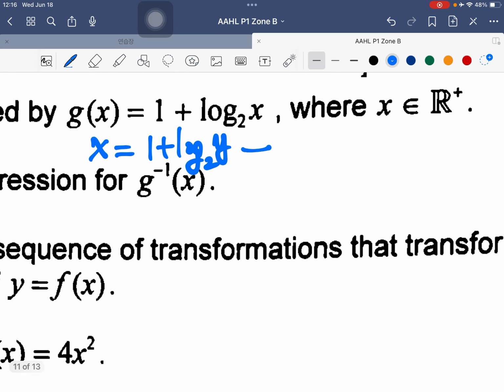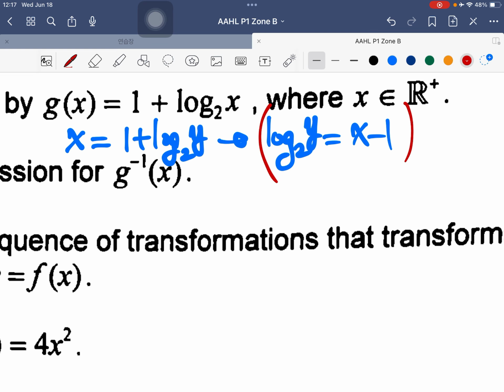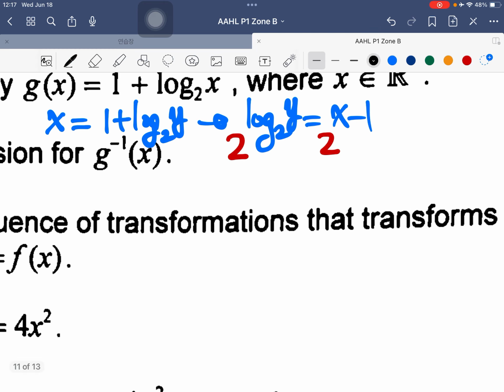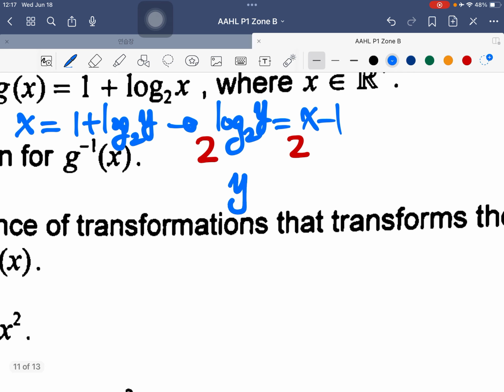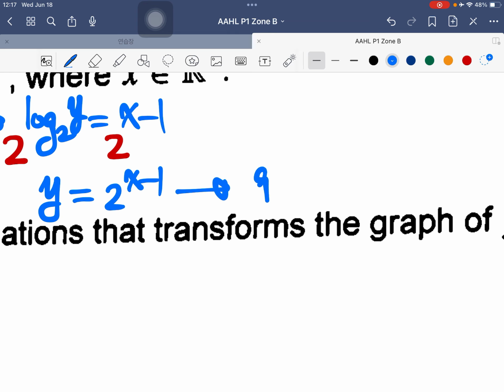And then log base 2 of y equals x minus 1. In this case, we put the 2 on the bottom like this. So the left hand side becomes y, and the right hand side becomes 2 to the x minus 1 power. So g inverse of x is expressed as 2 to the x minus 1 power.